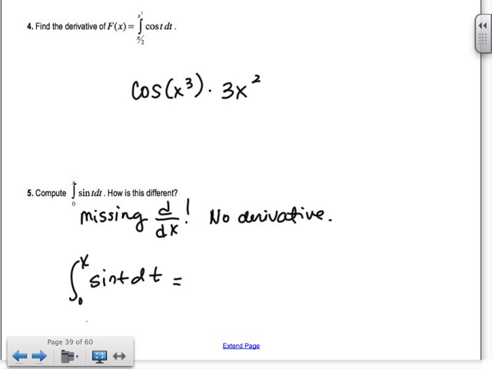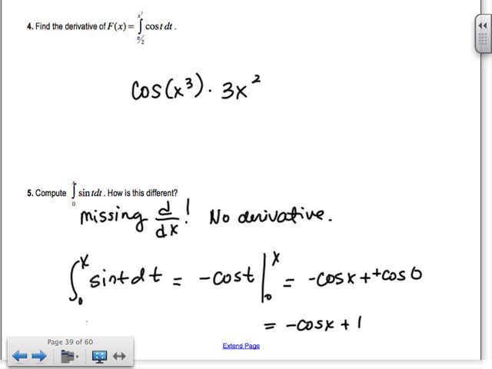So the antiderivative of sine of t, negative cosine, I heard someone say cosine, 0 to x, so it's negative cosine of x minus a negative cosine of 0. Be careful. So negative cosine of x minus, or well, plus, right? What's cosine of 0? 1. So plus 1. So it's 1 minus cosine of x.